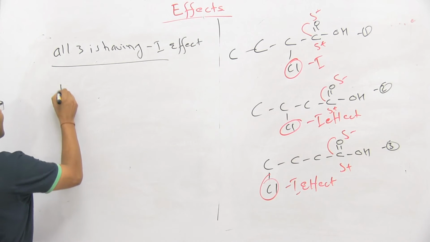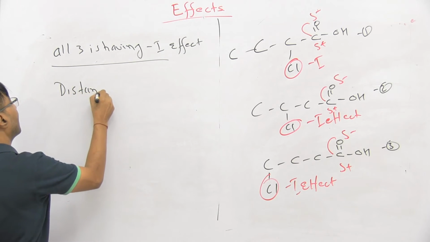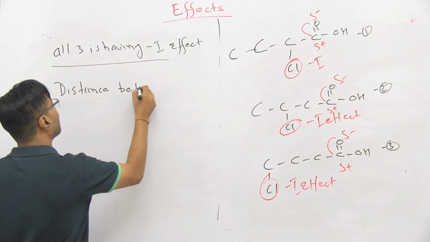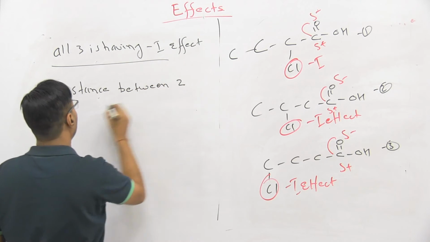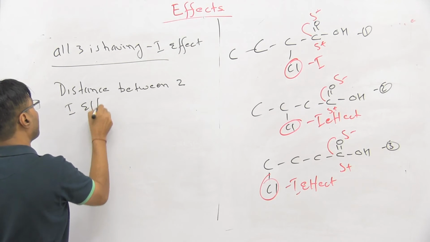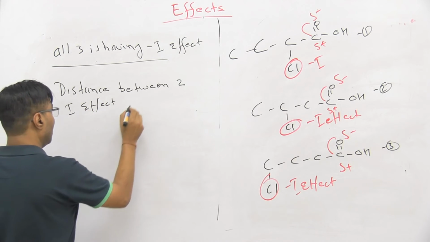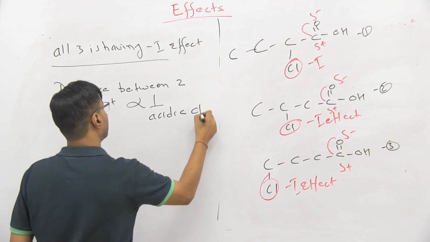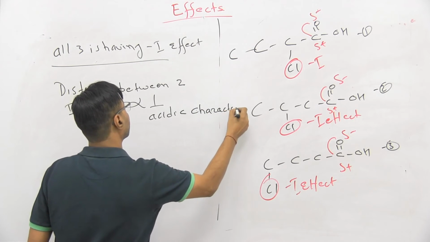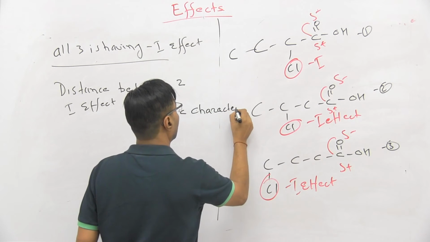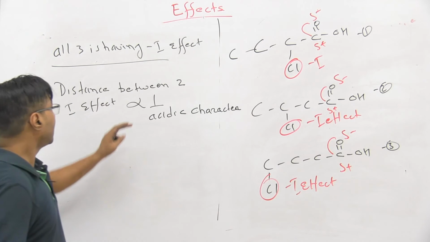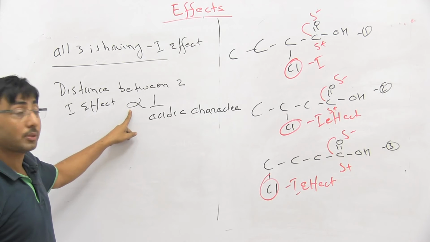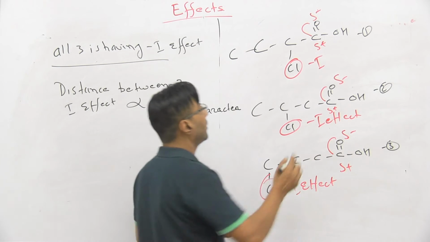Then we will find the distance between the two minus I effect centers. Distance between two minus I effect centers is inversely proportional to acidic character.